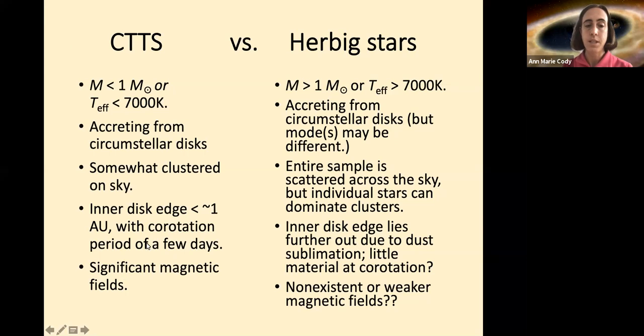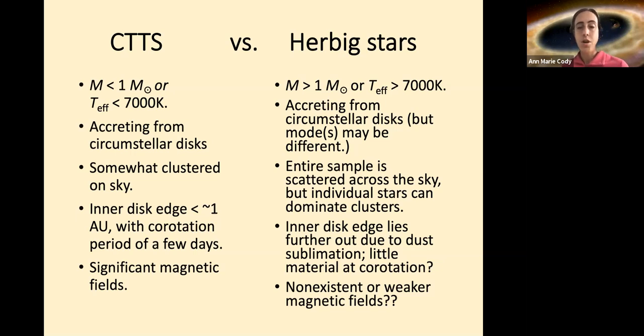These objects also have significant magnetic fields, which again mediate the accretion and cause large magnetic cool spots on the stellar surface. So that's the low mass stars. What do we know about the high mass stars or the Herbigs? So they're also accreting, but we don't understand so much about the modes of accretion, the magnetic field structure, etc. The entire sample of Herbig stars is quite scattered across the sky, but individual stars reside again in clusters.